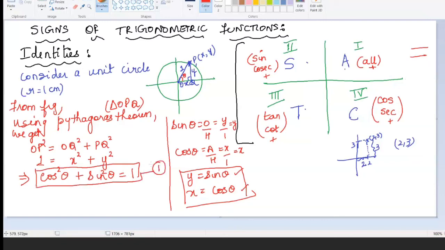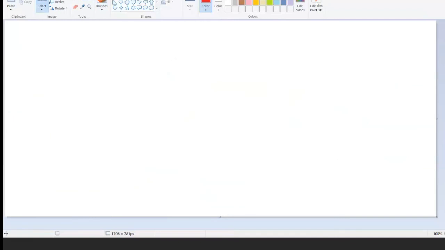Copy that first one. The first identity which I got was cos square theta plus sin square theta is equal to 1.